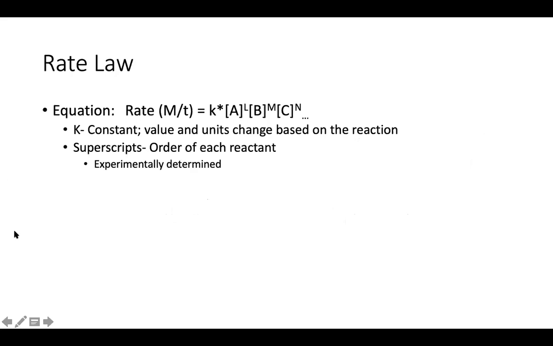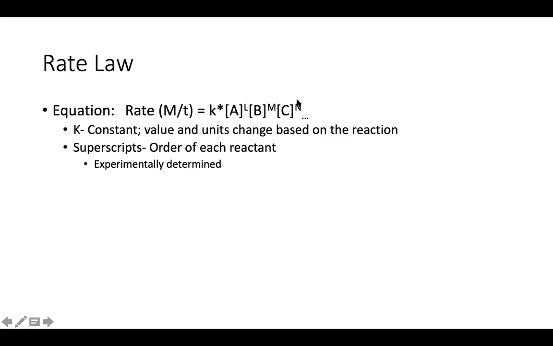This is the generic formula for rate law. The units for rate are always going to be molar per time. Time can be any amount of time, seconds, days, hours, whatever. It just depends on the problem. That's going to be equal to K, our rate constant, times our reactants raised to whatever order they are.